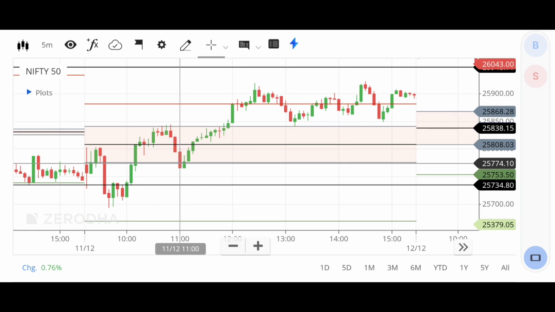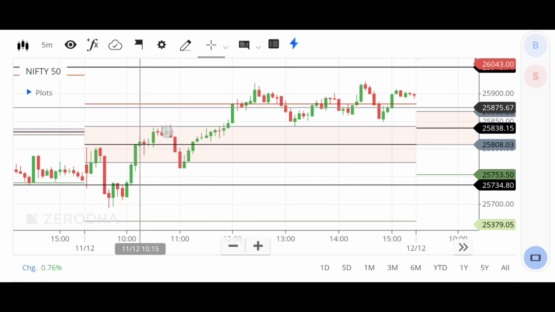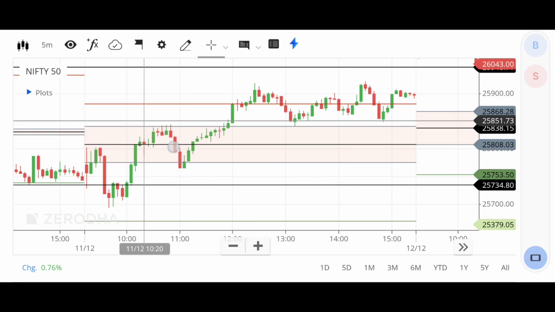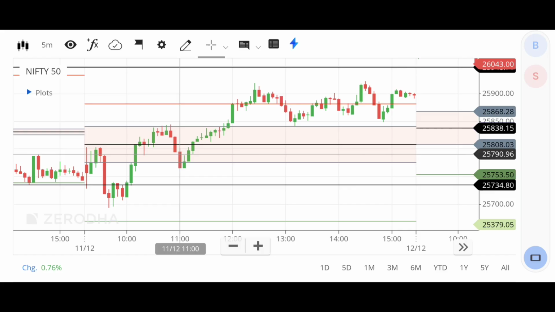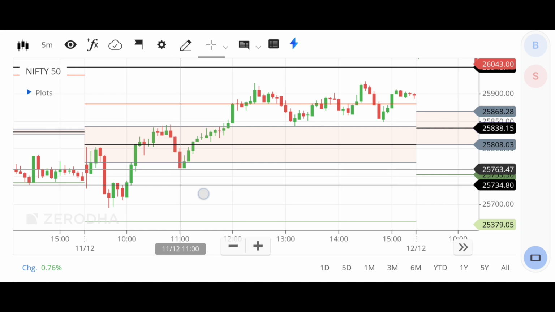So don't consider the 11 a.m. candle as a broken candle. In case the market had formed above the CPR and came down like this, then definitely the 11 a.m. candle would be a broken candle. But here the market is facing good resistance and came down, so this 11 a.m. candle should not be considered as a broken candle.